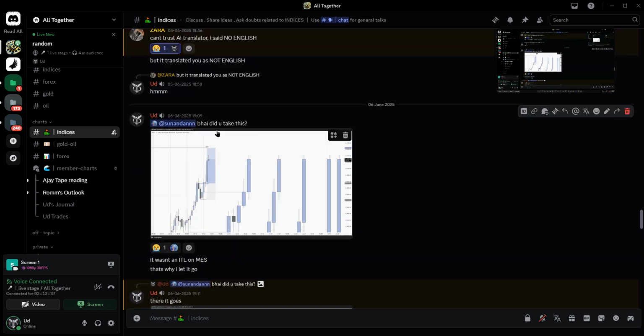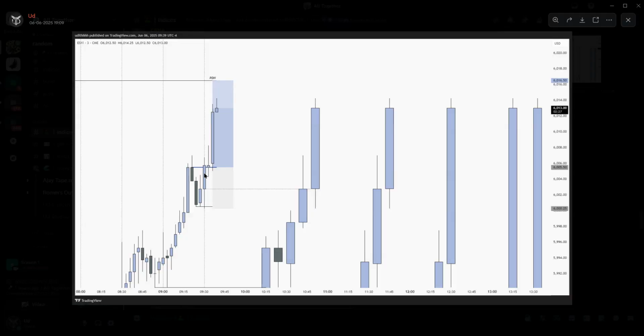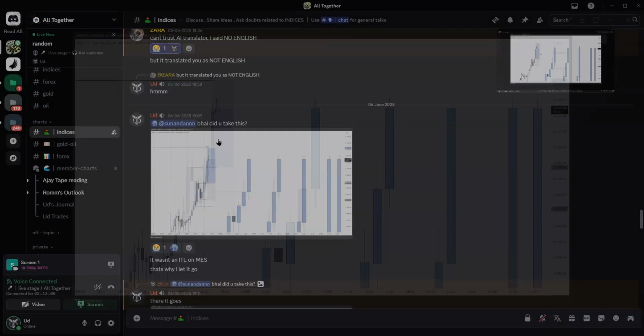Yeah, I asked Sunandan bhai if he took this. This is a few minutes after 9:30, 19:00 my time. This is like 9 minutes after it, meaning three candles, and this was almost like whatever. This is ES M3. This is 9:30. This very closure that I showed you, I was watching this.